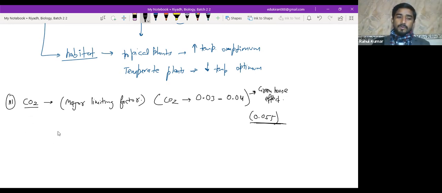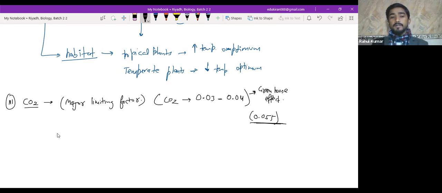The effect of CO2 concentration on photosynthesis is different for C3 and C4 plants. And this effect is associated with the light conditions, the availability of light.